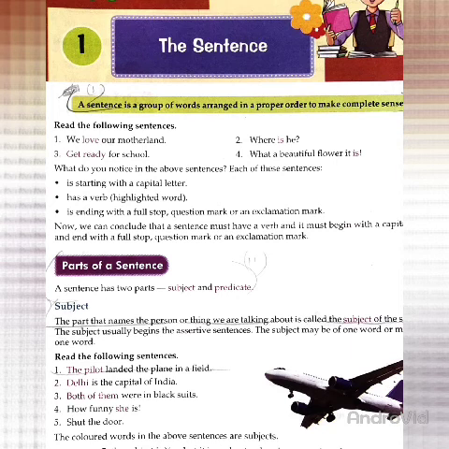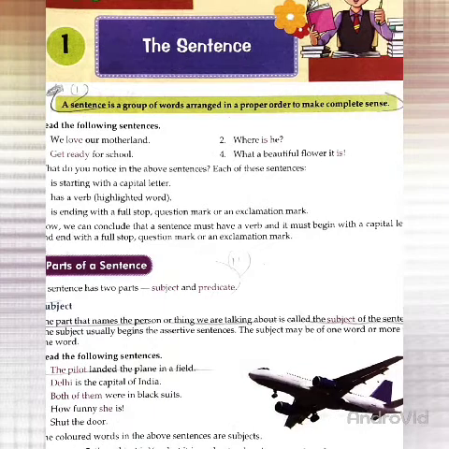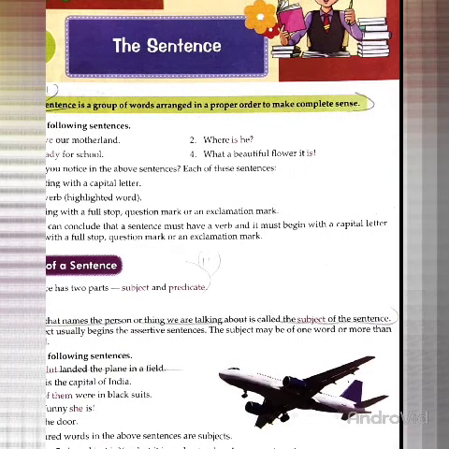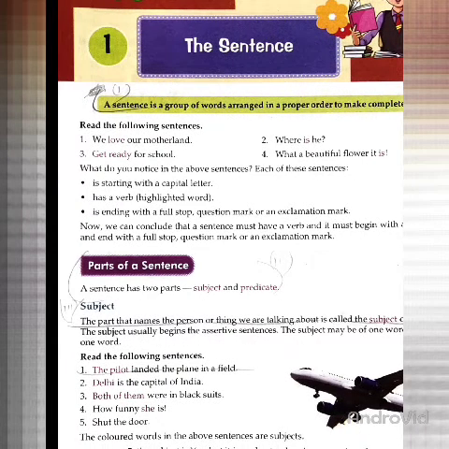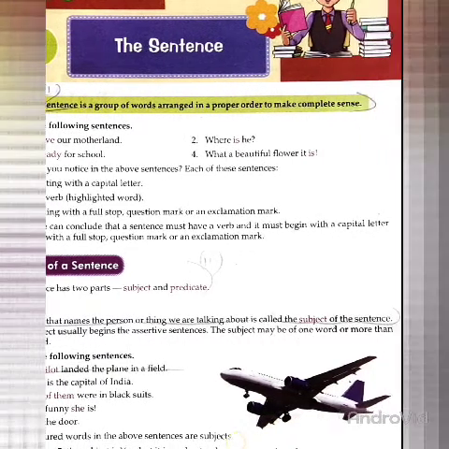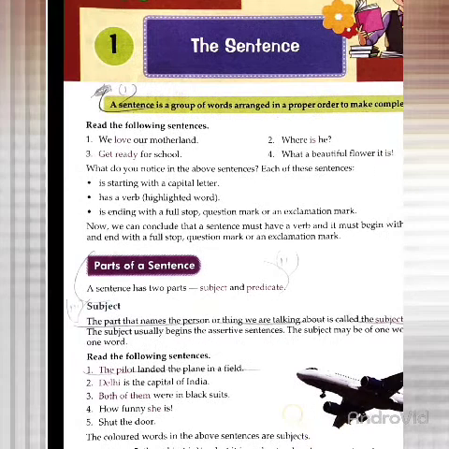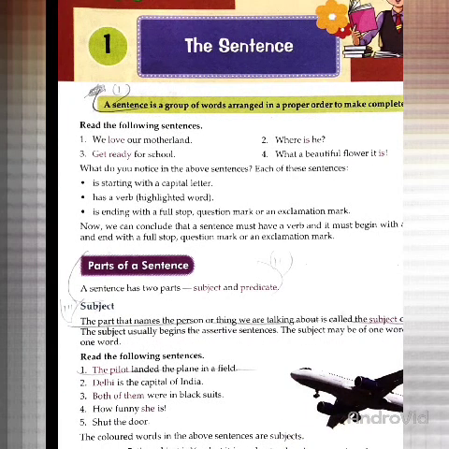तो सब्जेक्ट क्या होता है? The part that names the person or thing that we are talking about is called the subject of the sentence. जिसके बारे में बात हो रहा है सेंटेंस में, वो हो जाता है सब्जेक्ट ऑफ द सेंटेंस.